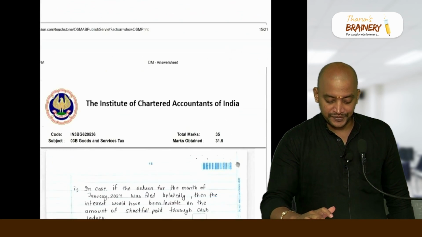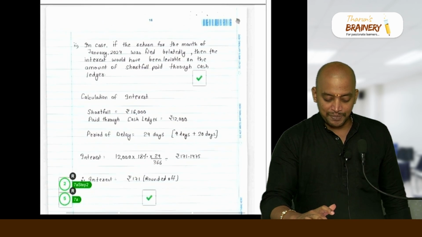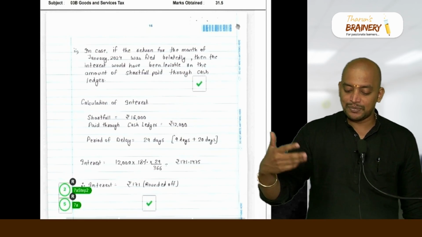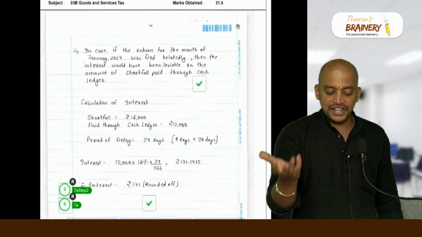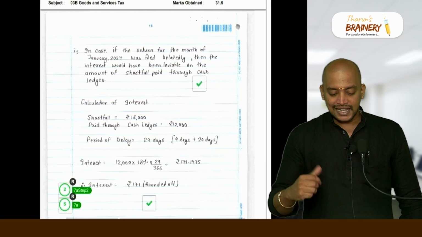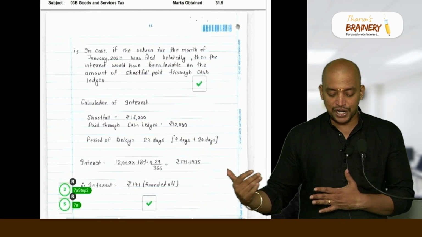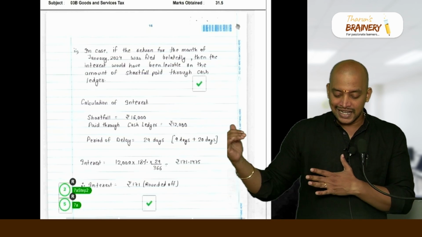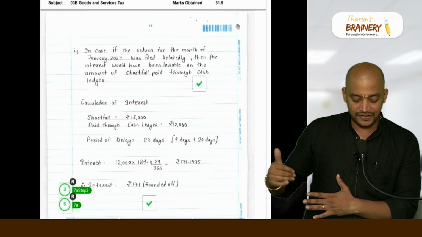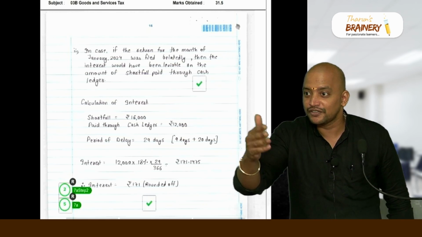Another part: in case the return for the month of January was filed belatedly, then the interest would have been leviable on the amount of shortfall paid through cash ledger. Period of delay 29 days, 171. So 171 rounded off, 3 plus 2, 5 out of 5.